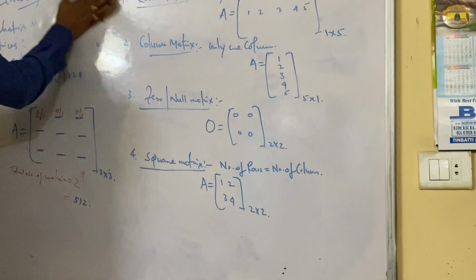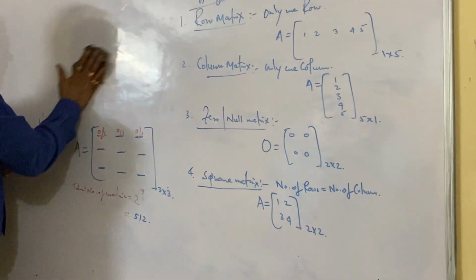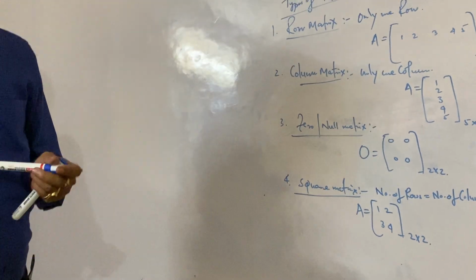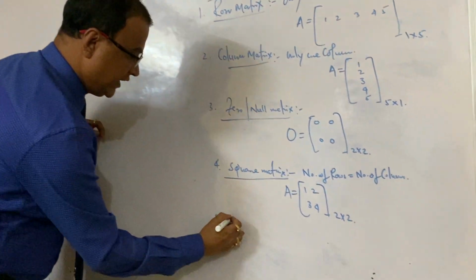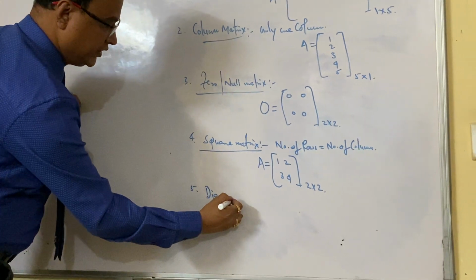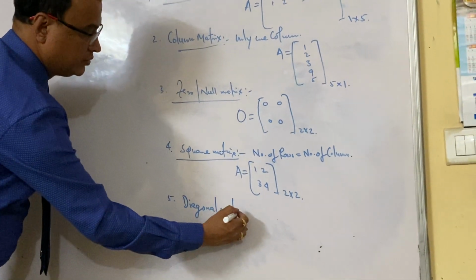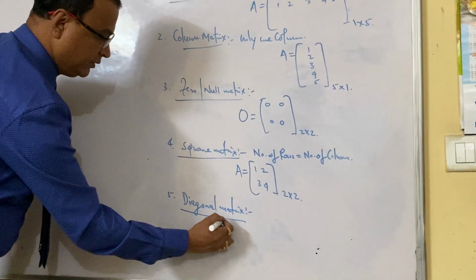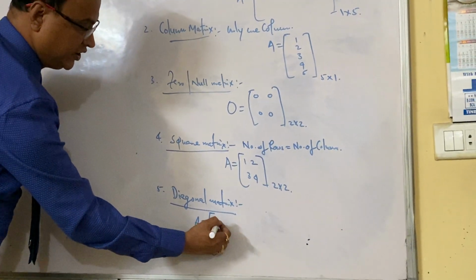Okay. Next we have diagonal matrix. Diagonal matrix means a matrix in which all elements are 0 except the diagonals.